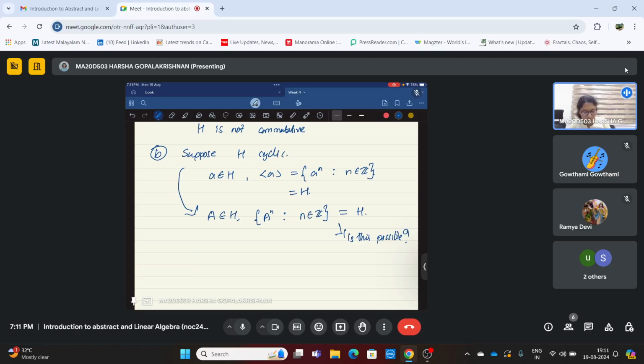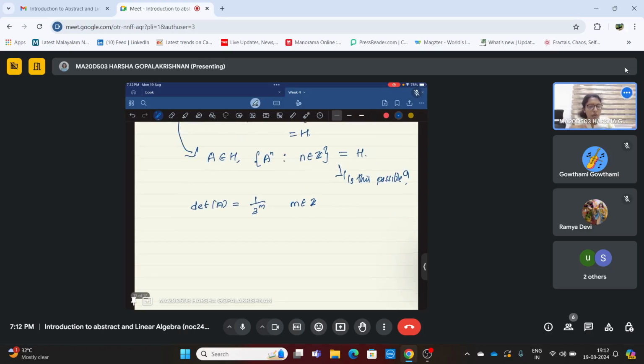Okay. Suppose I am taking A, then obviously A is from H. So what is determinant of A? Determinant of A will be some 1 by 3 power m, where m is in Z. Okay. Now we are taking all the powers A square, A cube, etc. For example, determinant of A power n is equal to determinant of A into determinant of A, n times we are multiplying, using the property of determinant.